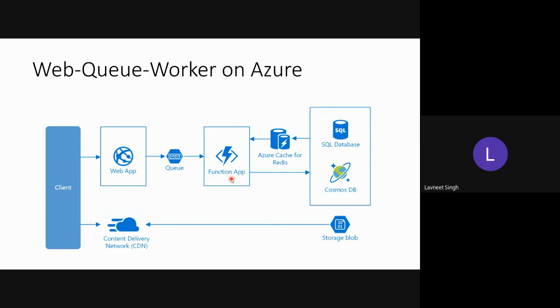So what you do is you write the code that you want to execute, create a function app in Azure, upload that code in that function app, and set a trigger mechanism of this function app. That trigger mechanism could be a new message coming in the queue, right? There are options in the function app. So a new message coming in the queue can trigger the function app that you created.